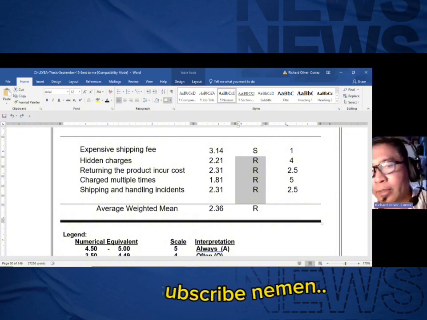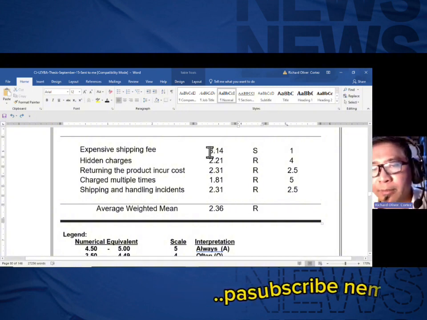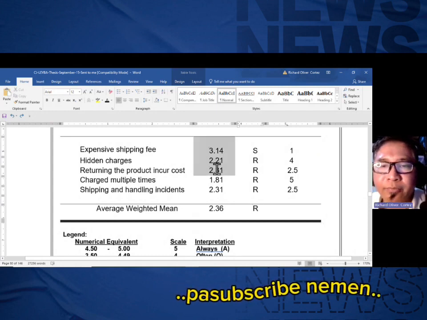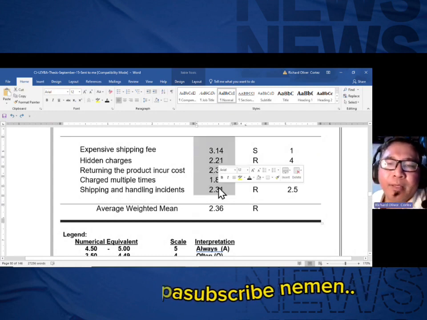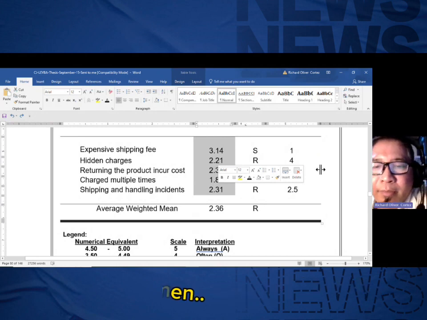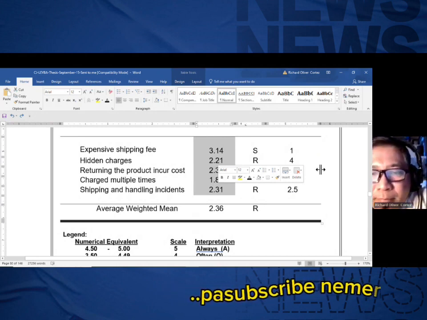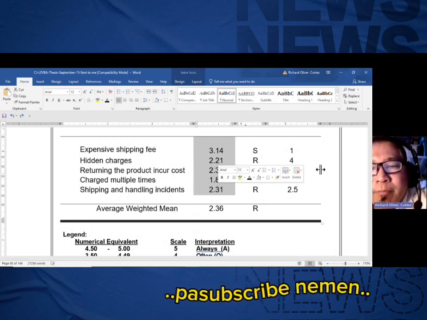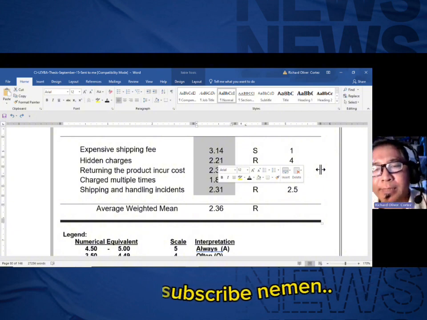Okay? And for the average, just get the average. So we know that in getting the average, you just add the 5 numbers and divide it by 5. And you will get the average weighted mean of 2.36.